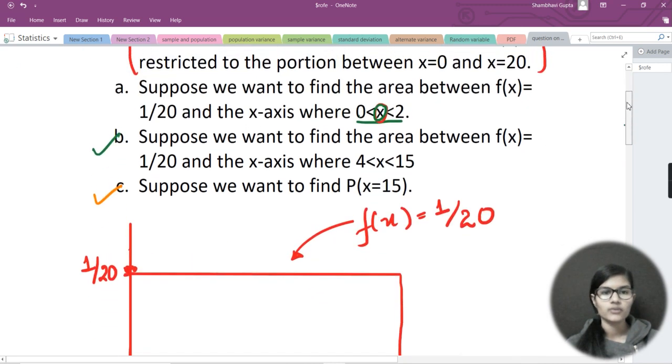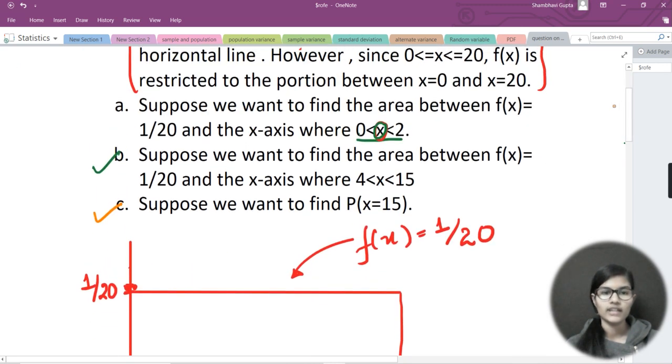Now the first sub question was to find the area between f(x) is equal to 1 by 20 and the x-axis where x lies between 0 and 2.